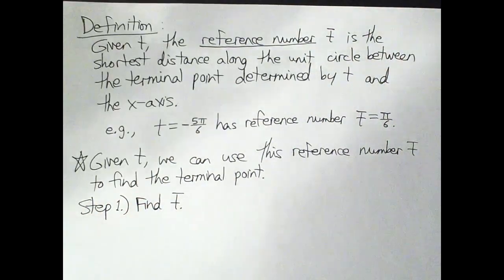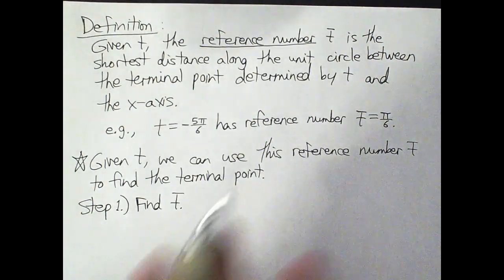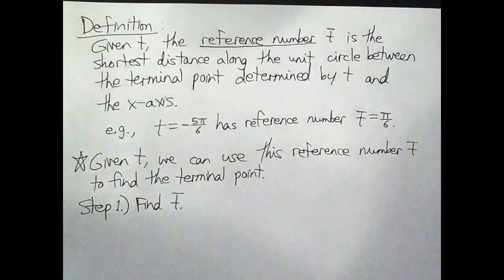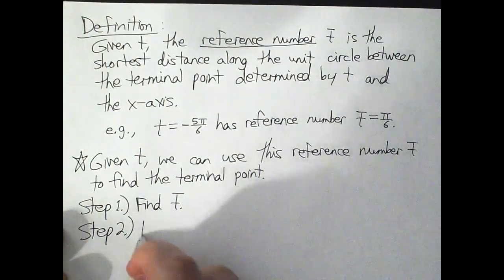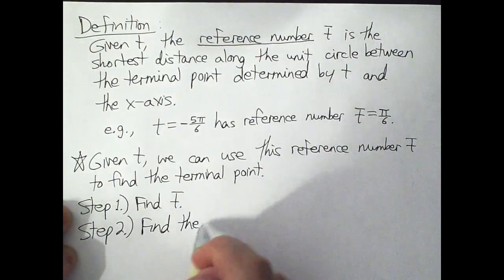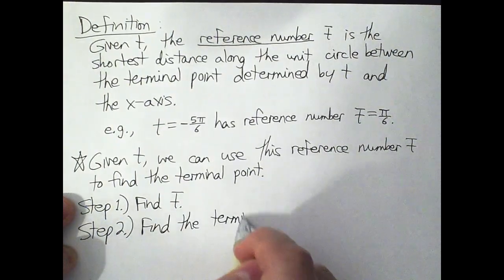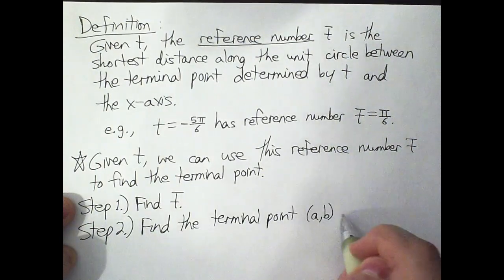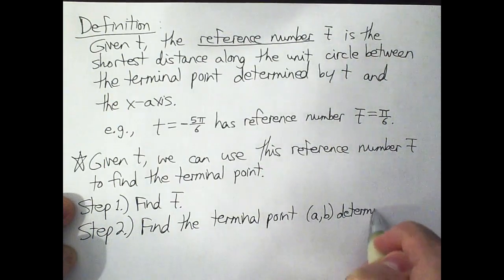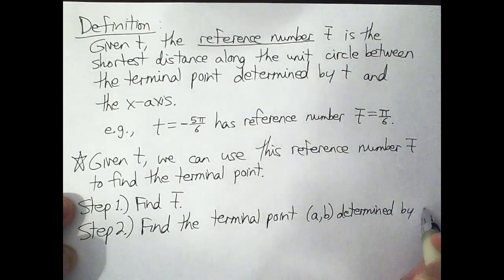To find t bar, you might need to draw a picture, and you might need to figure out what that distance is based on the picture. Step 2. Find the terminal point A, comma, B determined by t bar.